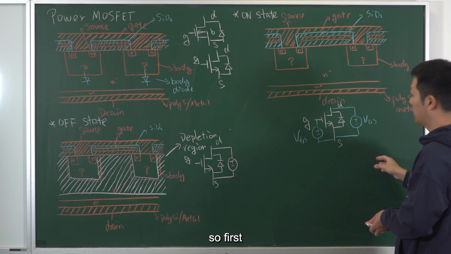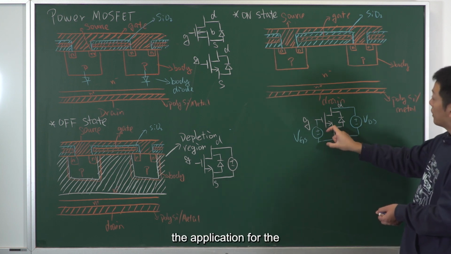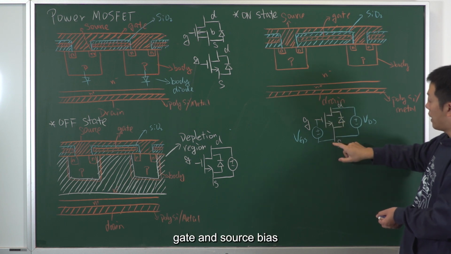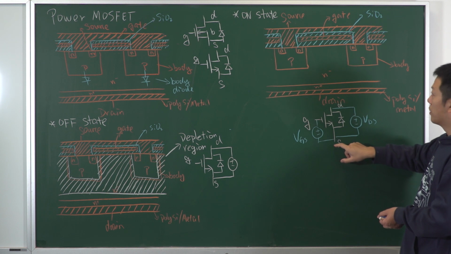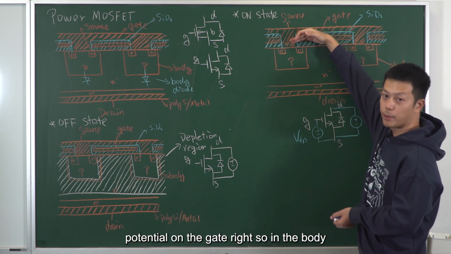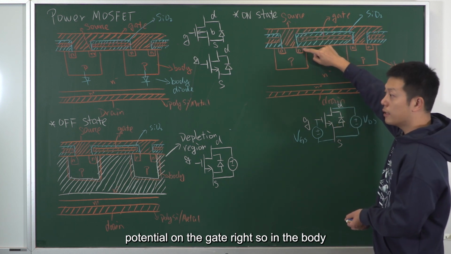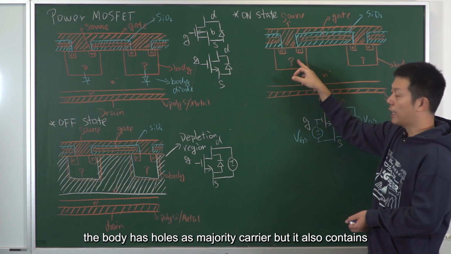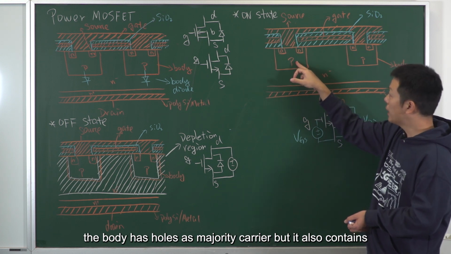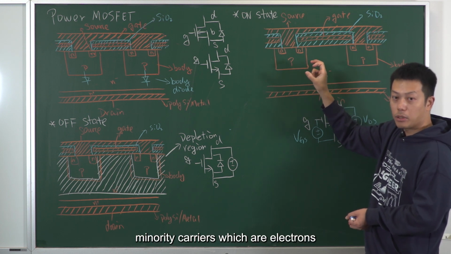Let's see what happens if we apply an external voltage source between the drain and the source. So first, the application of the gate and the source bias, meaning that there is a positive potential on the gate, right? The body has holes as majority carriers, but it also contains minority carriers, which are electrons.